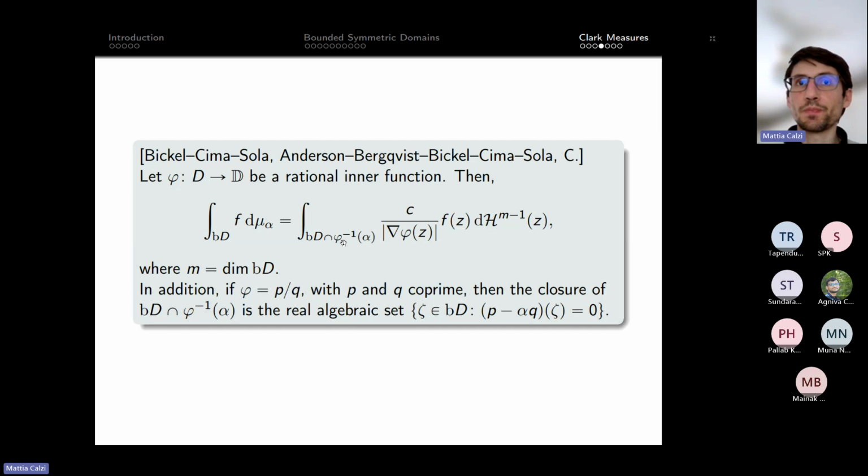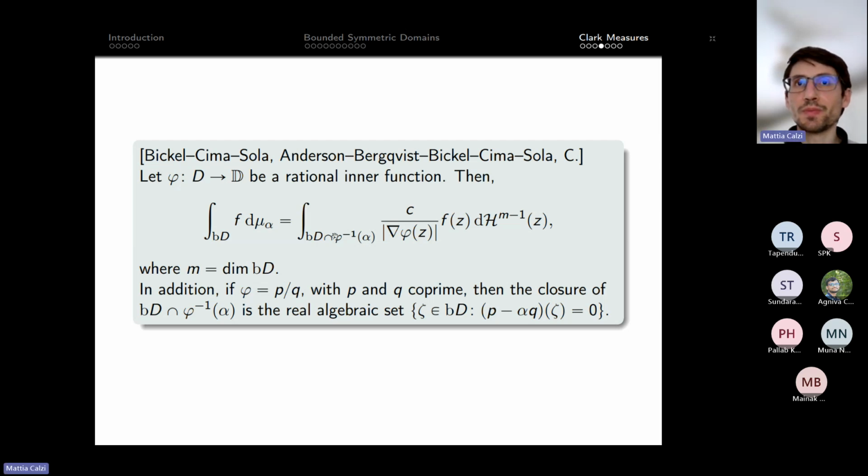The closure of this set here is simply this set here. So if you represent phi as the quotient of two coprime holomorphic polynomials, P and Q, then saying that phi is equal to alpha means that P minus alpha Q is equal to 0.